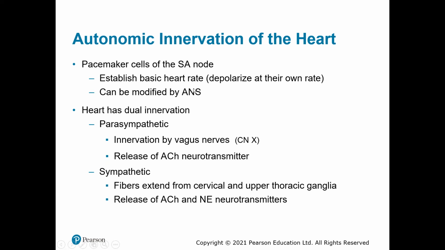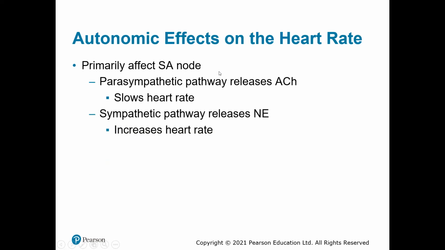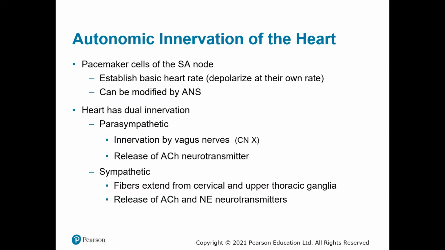So the interesting thing about this is that the SA node on its own would create a much faster heart rate than what you have, and it's the innervation by the vagus nerve that slows that down. So average heart rate's about 60 beats per minute.